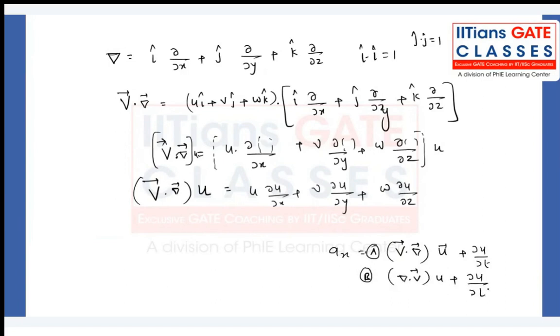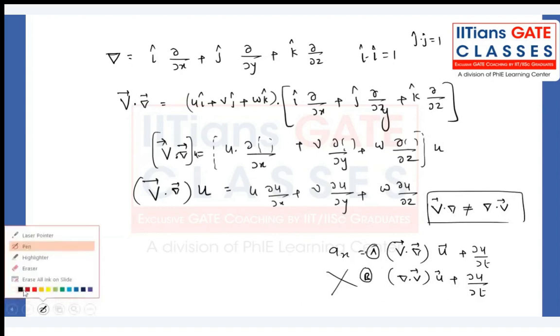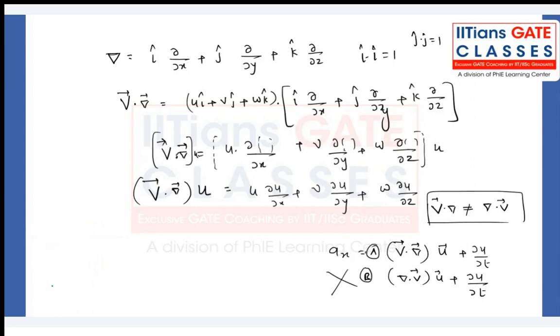That is wrong because v dot del is not equal to del dot v. You can check it out. When you do the reverse operation and interchange the terms, the result will not be the same. So please go through vector calculus.